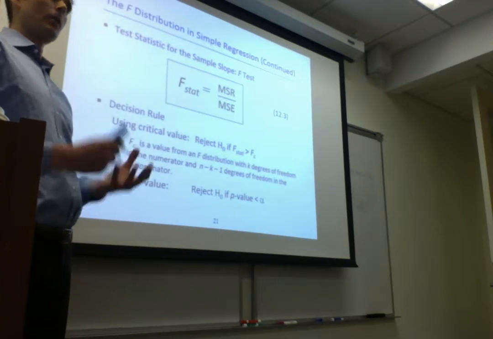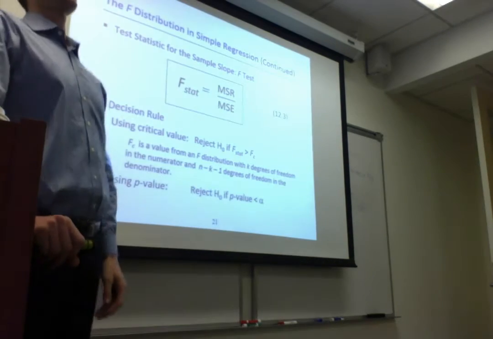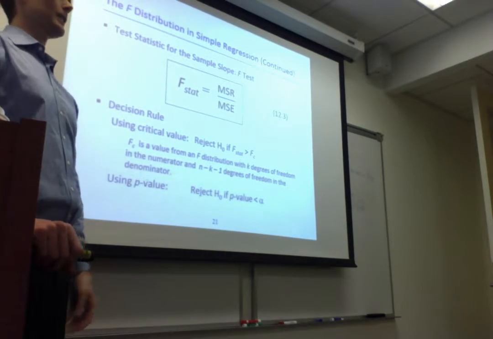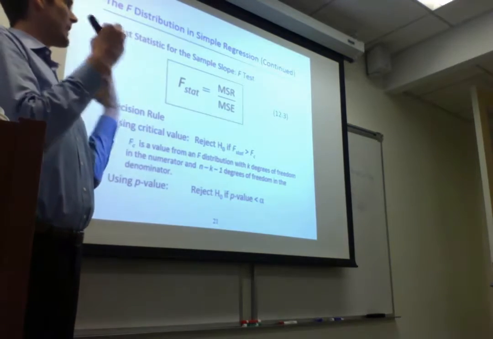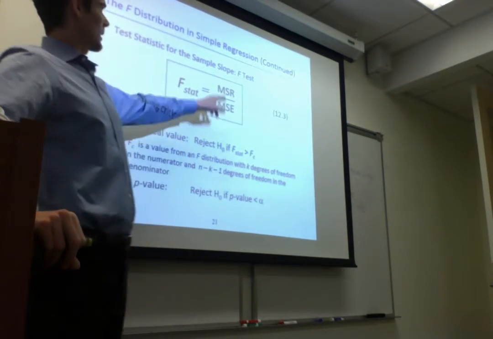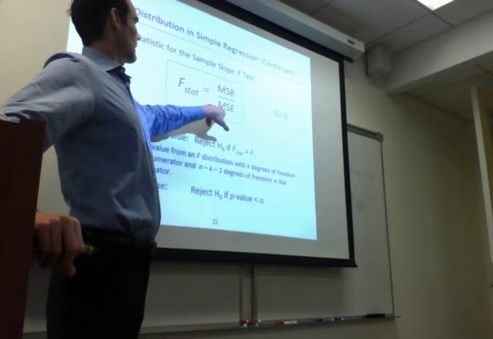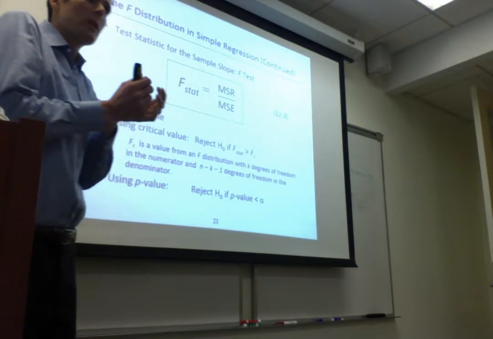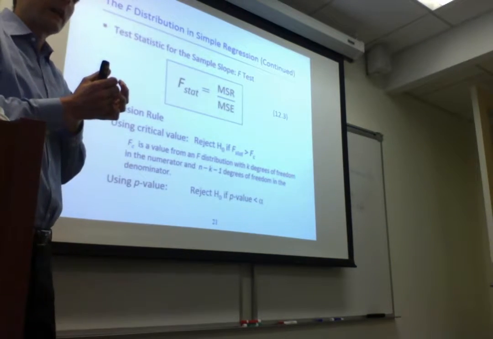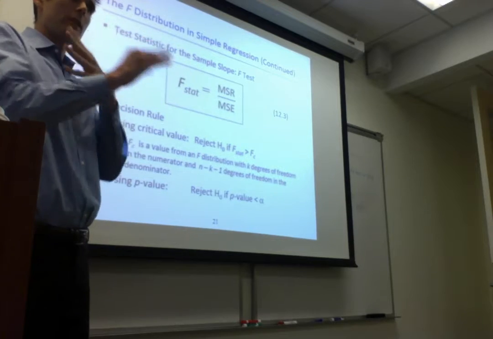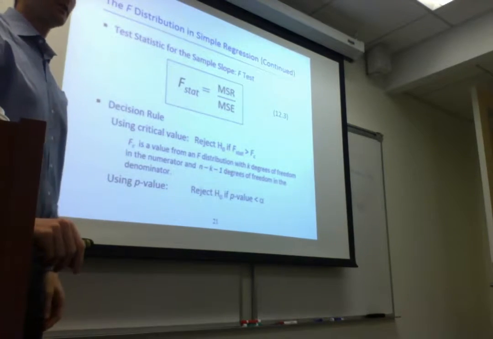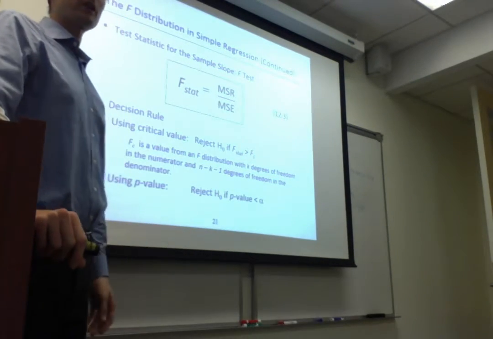And in general, a larger number for this F stat is going to mean, gosh, there's so much variation in this regression compared to the smaller amount we were able to create when we found the error in our best fit line. So we've got a meaningful, useful relationship.